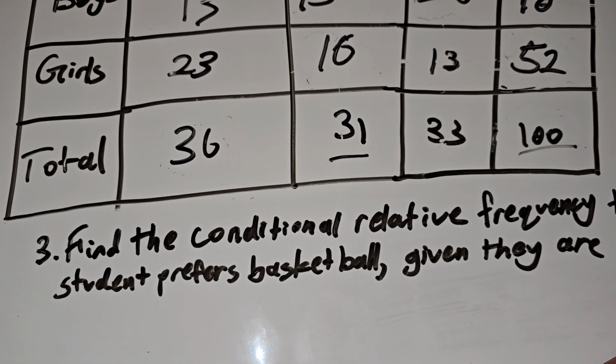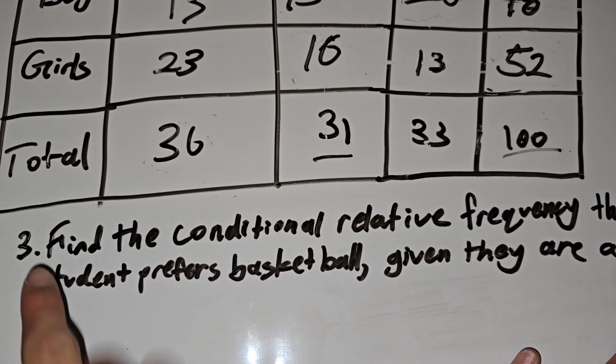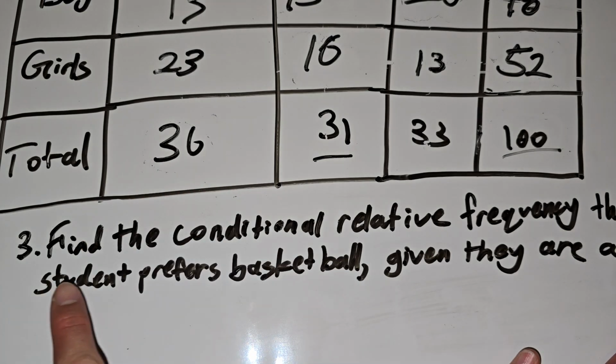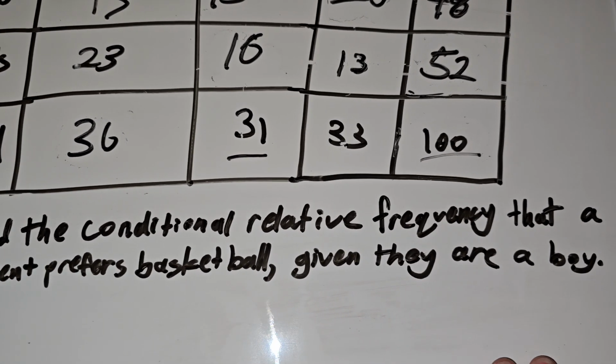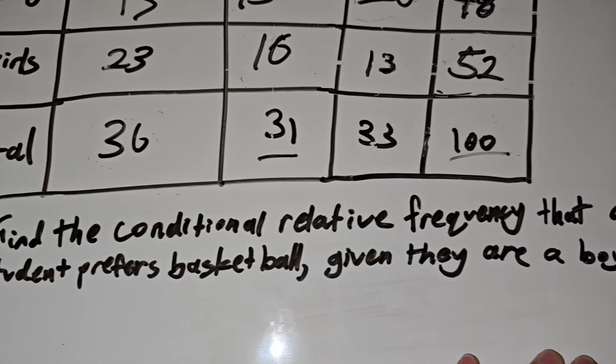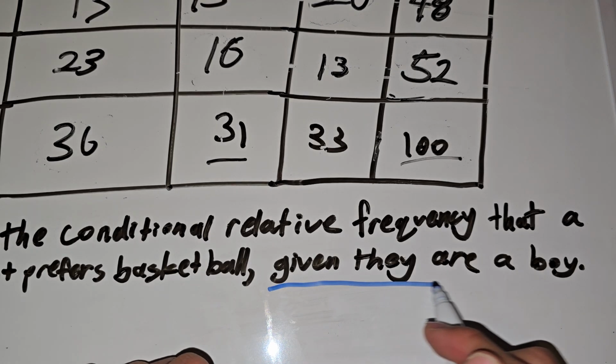Next, we have this pretty lengthy problem. It says, find the conditional relative frequency that a student prefers basketball given they are a boy. Here, we should underline this: given that they are a boy.